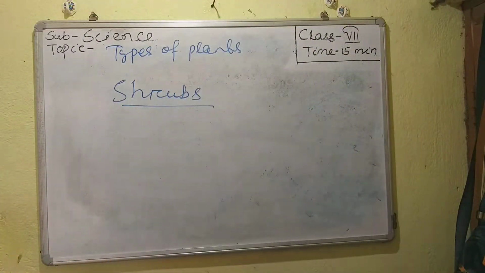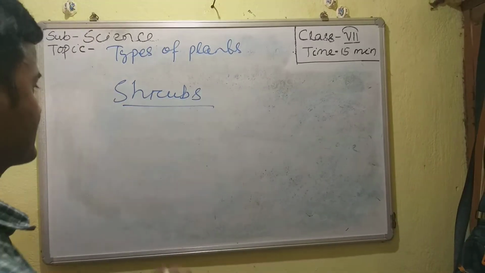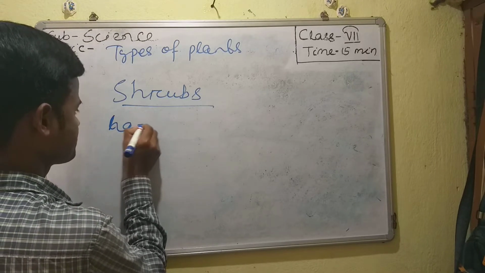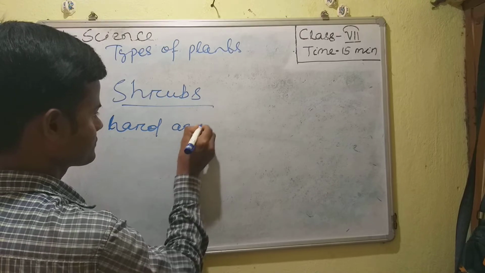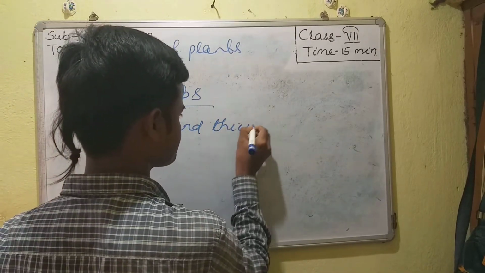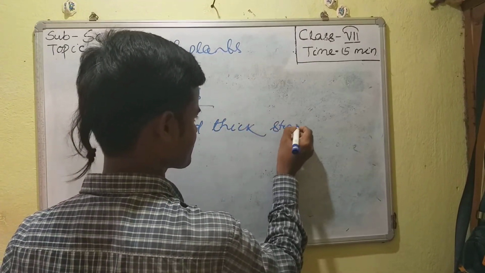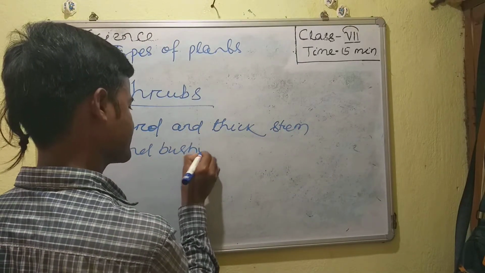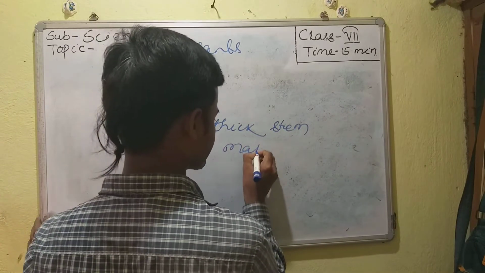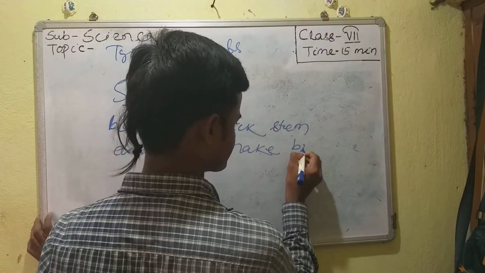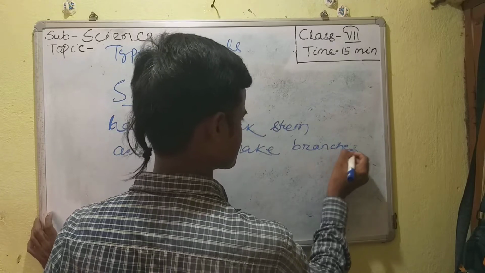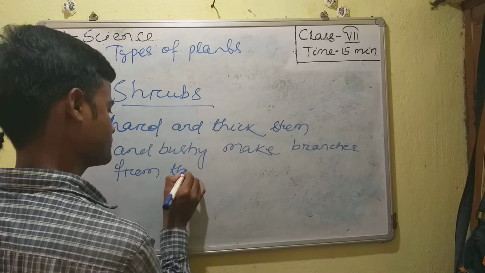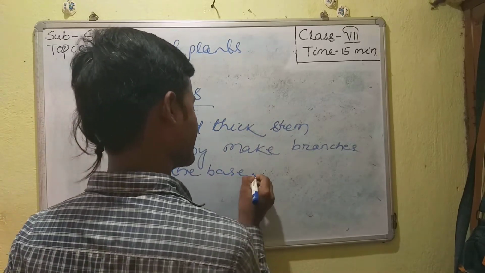So we can write the definition of shrubs: plants which have hard and thick stems and are bushy, and make branches from the base, right?